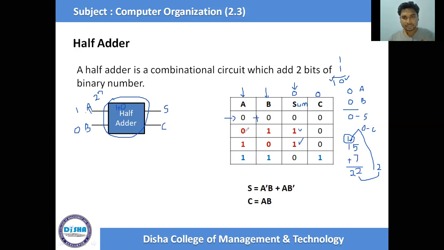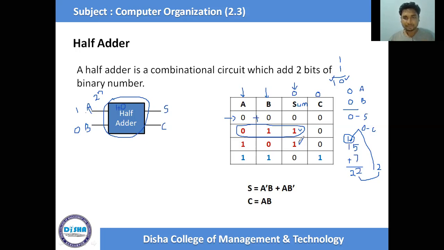Okay, so just check this first one. For this first one a is 0 and b is 1. So as you know, 0 represents the complement form and 1 represents the non-complement form, right? So here we have to write a not b. Okay, we got the first sequence.